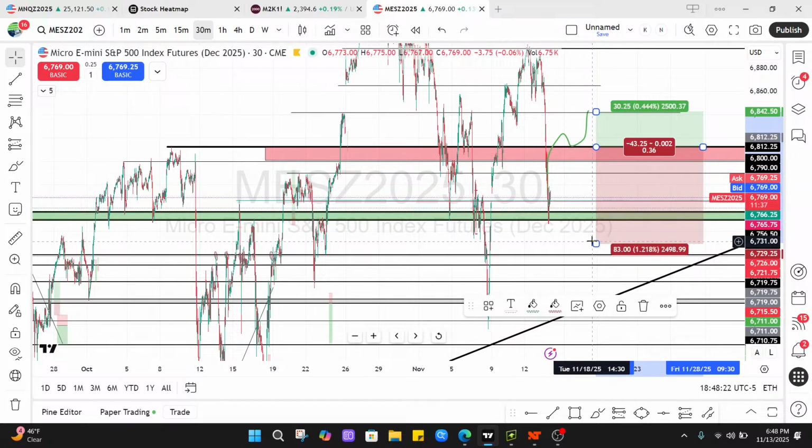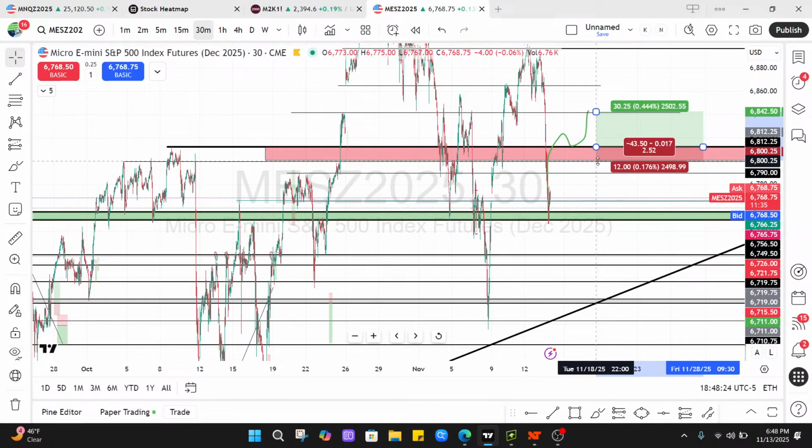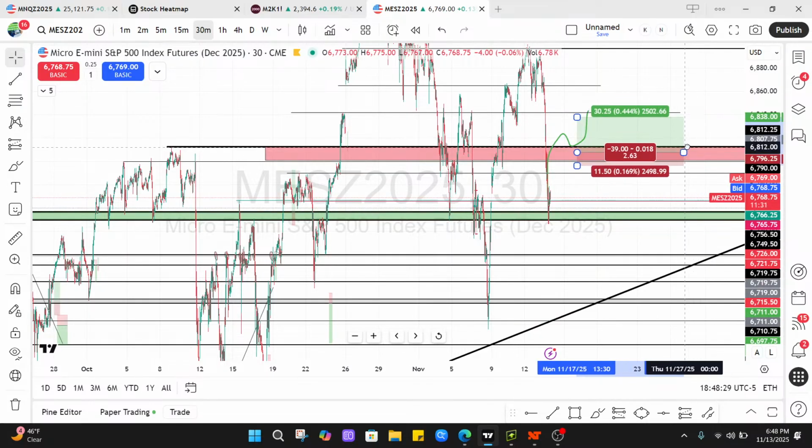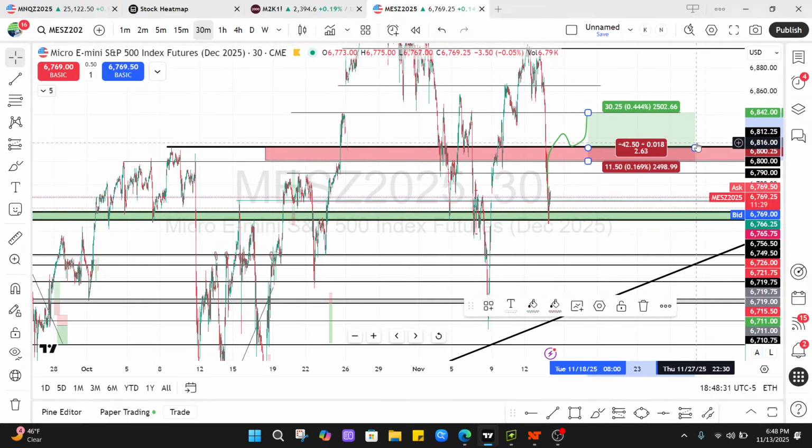But let's see if we can make it up there. We're following the path of least resistance because I am a fucking electrician.